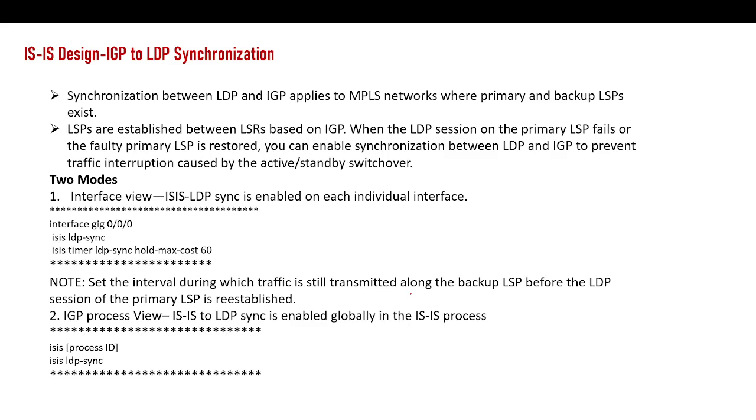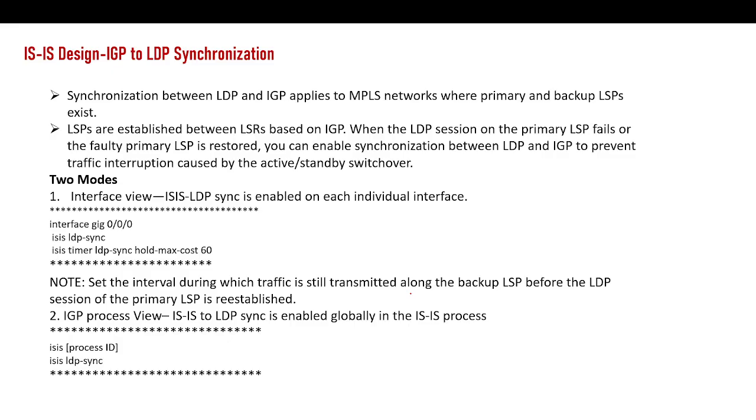That's why we need to have IGP to LDP synchronization, to ensure that the link is ready to carry traffic before you switch traffic to that link. You always have to implement this to ensure that you don't have downtime or traffic interruption when you switch traffic from primary to backup LSPs.